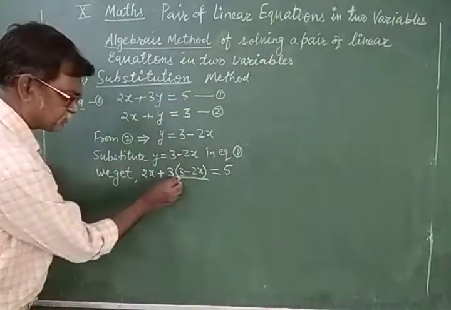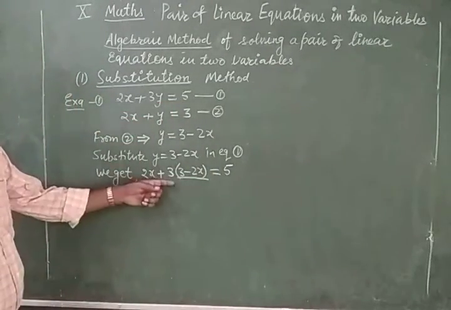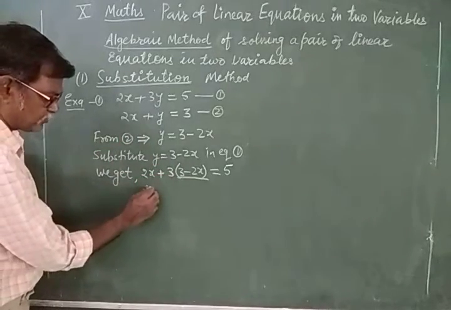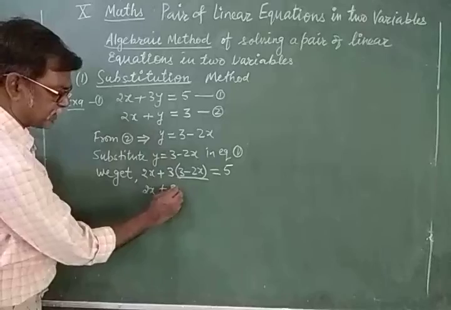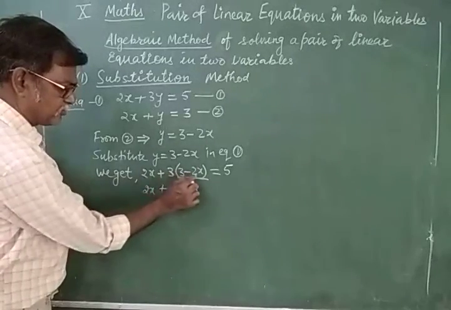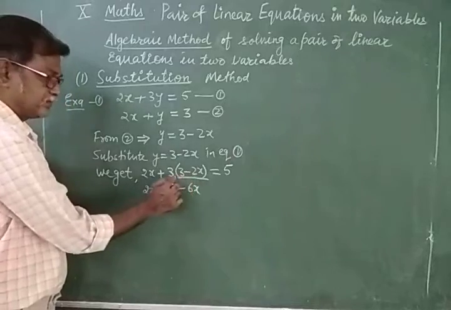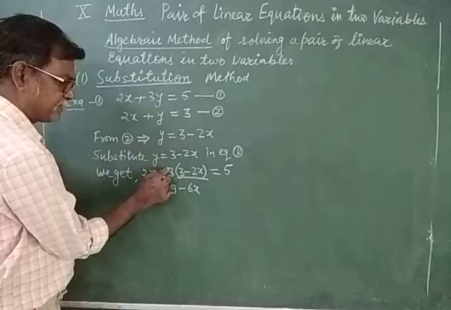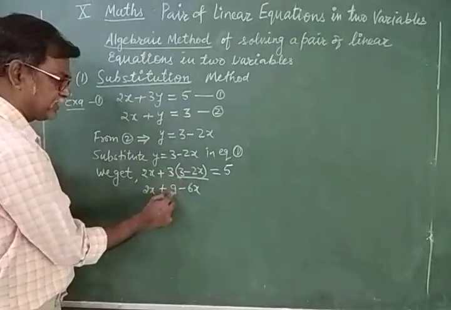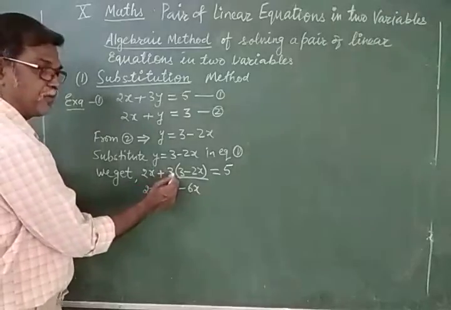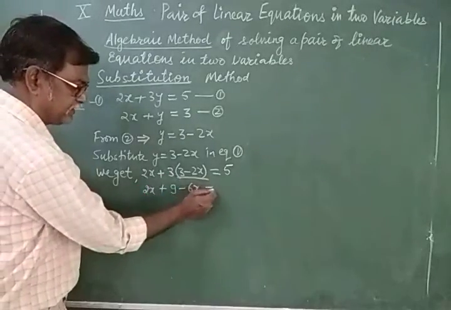Now 3 into 3 is 9, and 3 into minus 2x is minus 6x. Here don't make a mistake. If you simply multiply 3 with 3 to get 9 and then add 2x, your answer will be wrong. So apply the distributive property. Is equal to 5.